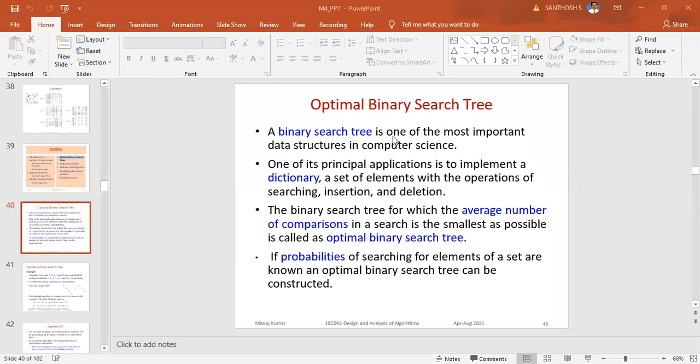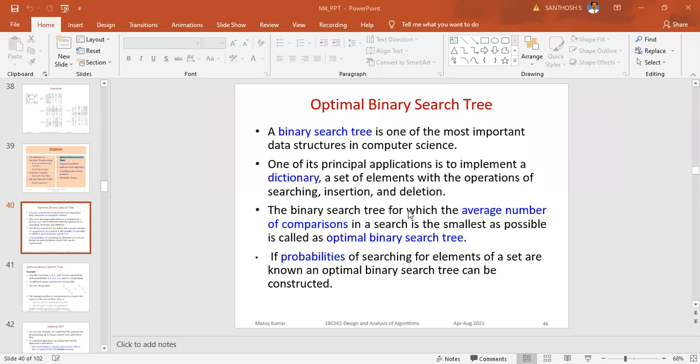Binary search tree is one of the most important data structures in computer science. One of its principal applications is to implement a dictionary, that is, a set of elements with the operations of searching, insertion and deletion.